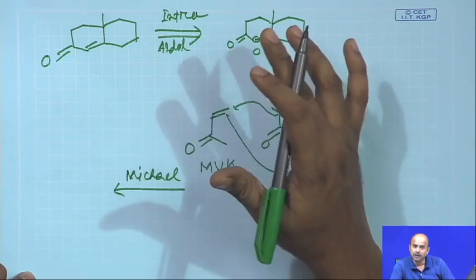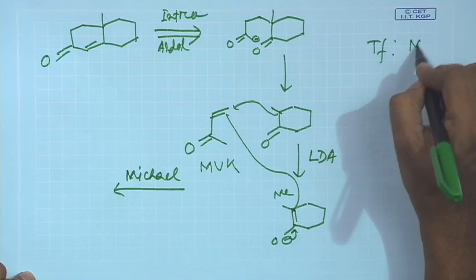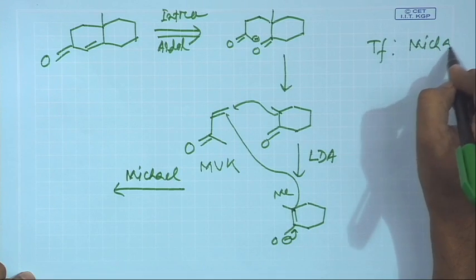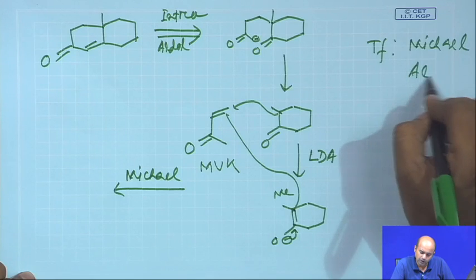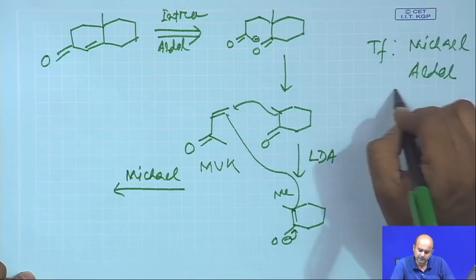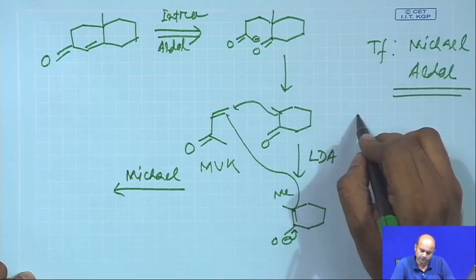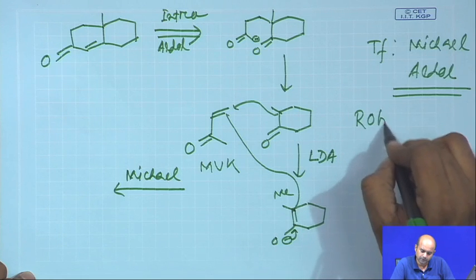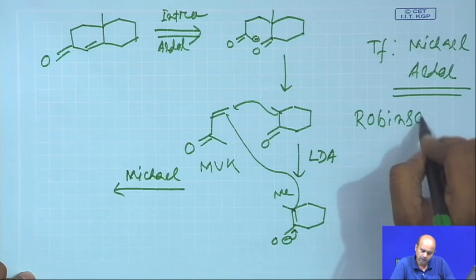So, the main highlight of the synthesis is this transformation. What did we use? We used a Michael reaction followed by an aldol reaction, and this entire reaction sequence is named Robinson annulation.